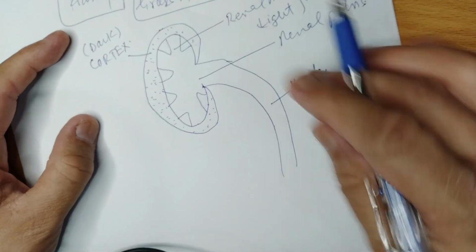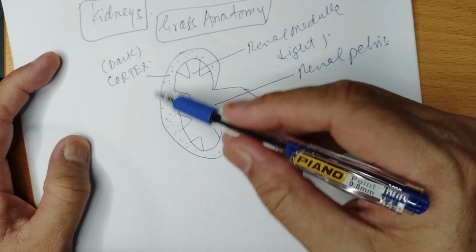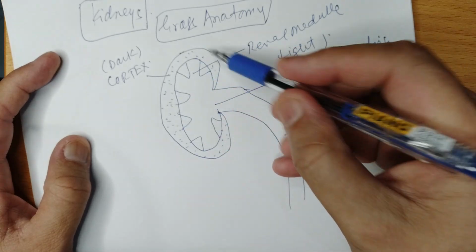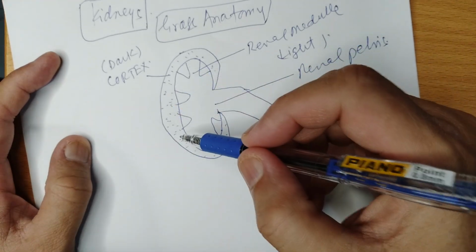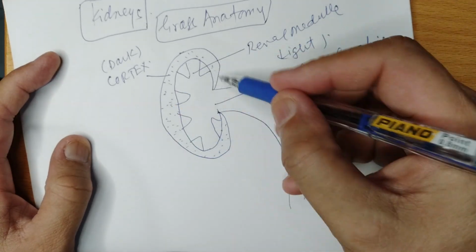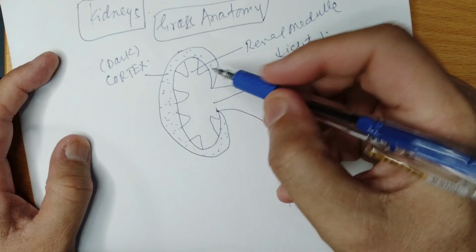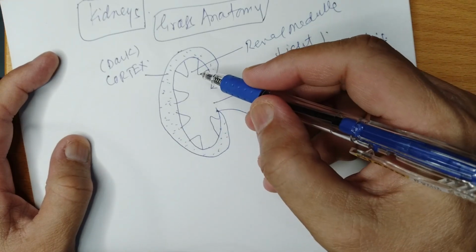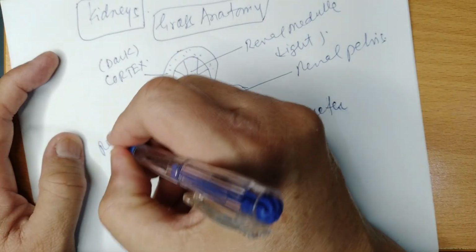As I mentioned, you can see there is a darkish reddish brown portion on the outer or peripheral side, and this is known as cortex. And a deeper, lighter portion is known as medulla. Medulla is again divided into a number of conical or cone-shaped areas known as renal pyramids.